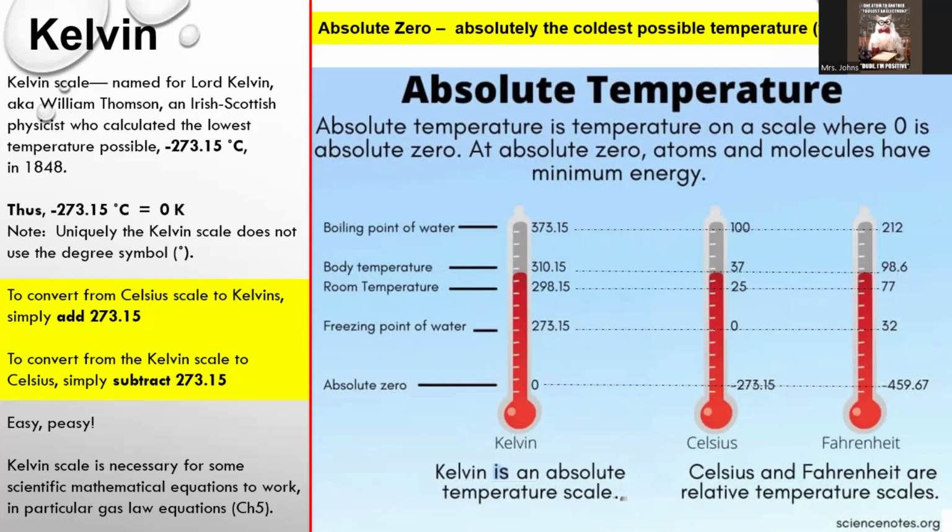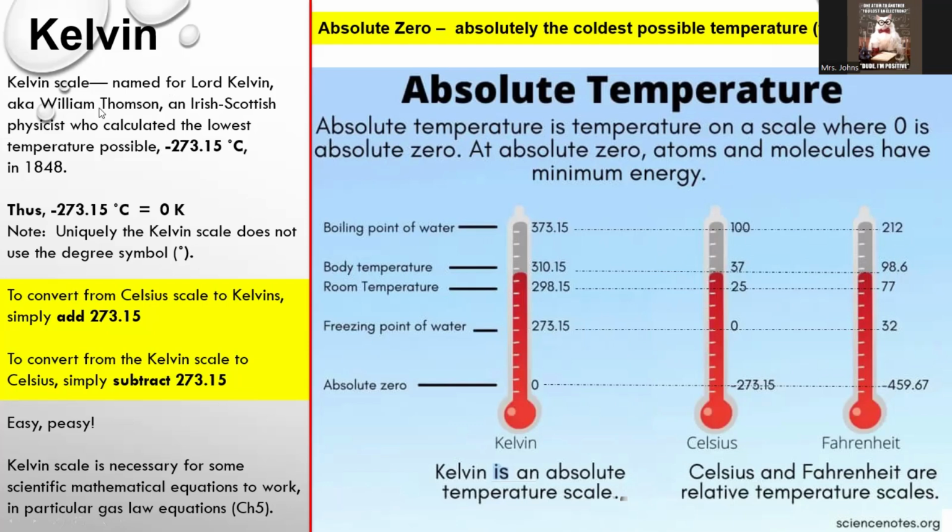And you'll really love how easy it is to convert from Celsius temperatures to kelvins, or Kelvin temperatures to Celsius temperatures. All we have to do is either add 273.15 or subtract 273.15.